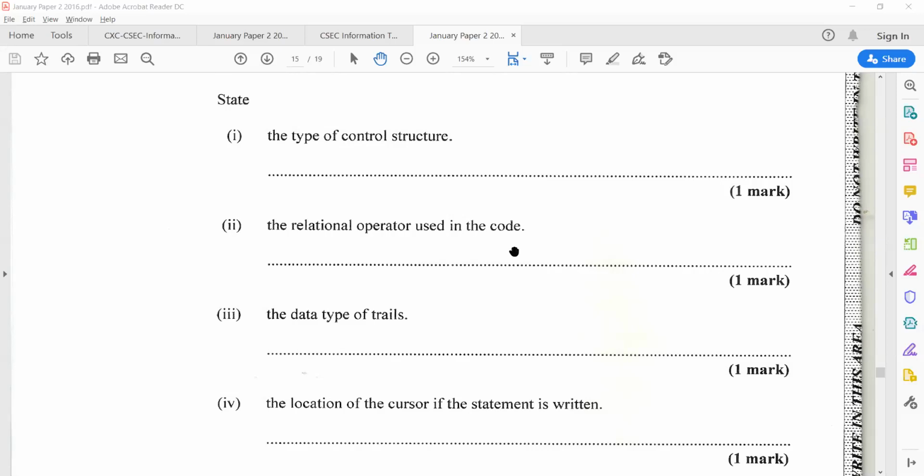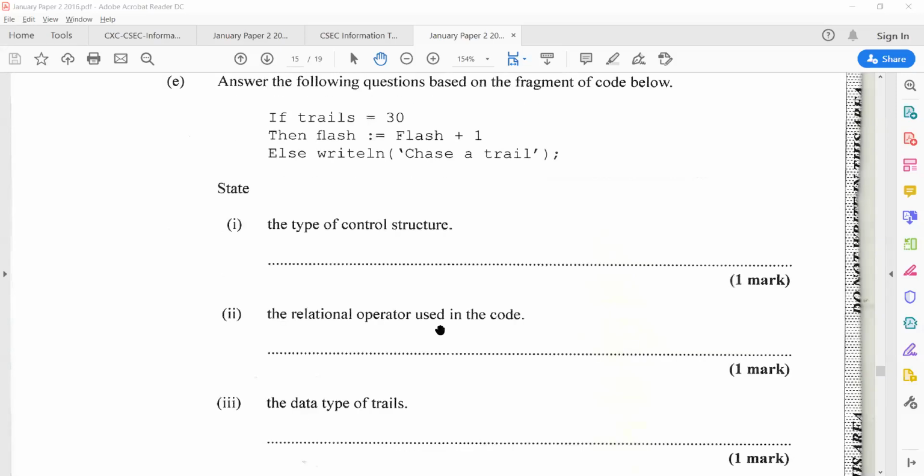Now remember, what's the difference between write and write line? When you write a statement, the cursor is placed after the text that is written. When you use the keyword write line, the cursor is placed on the second line, right? So the cursor is placed in the line below chase a trail.